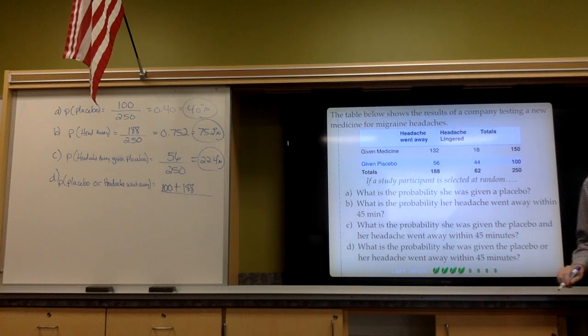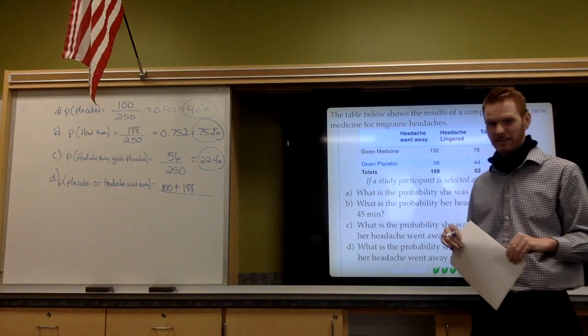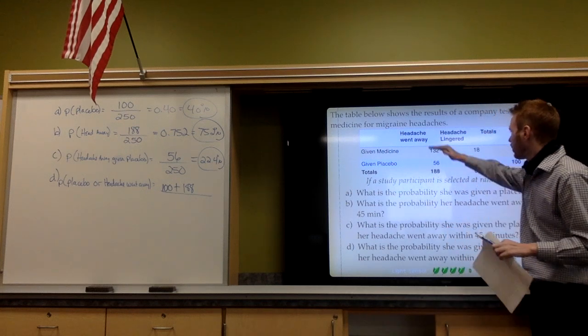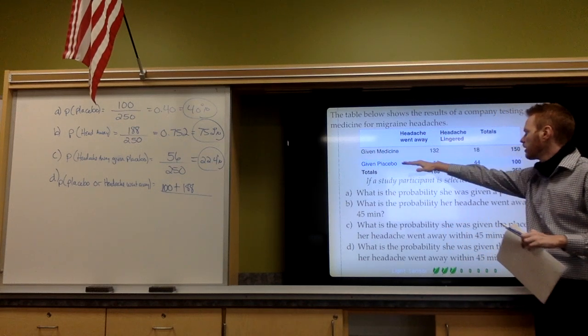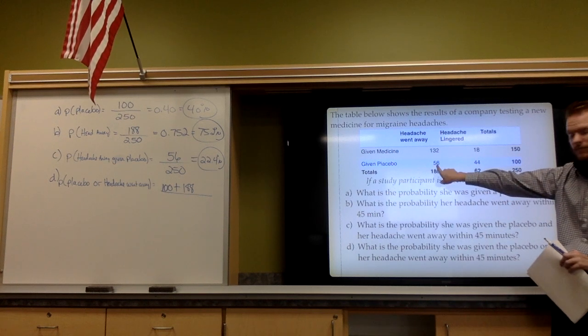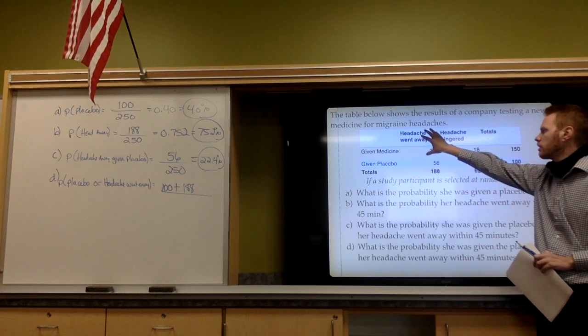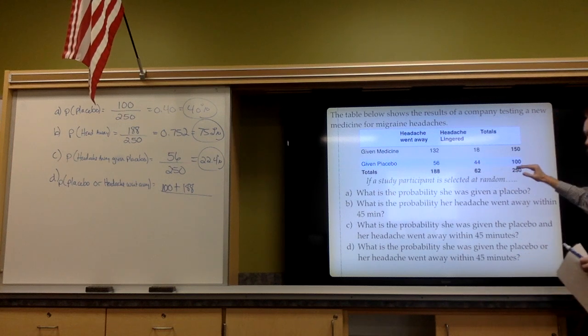We counted a group of people twice. Do you see it? I counted this column, this row, what number is included in that total twice? 56. These 56 people were counted in this group and in this group.